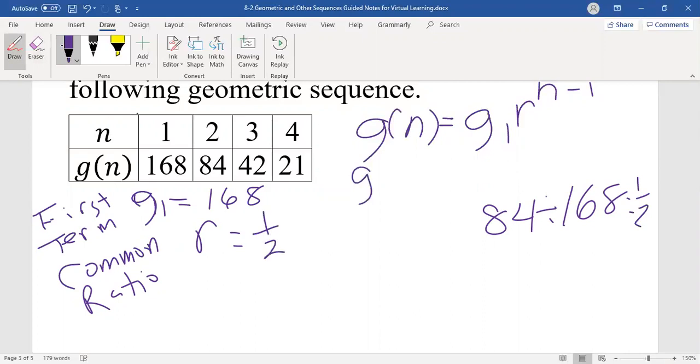So my explicit formula would be Gn equals 168 times 1/2 to the n minus 1.